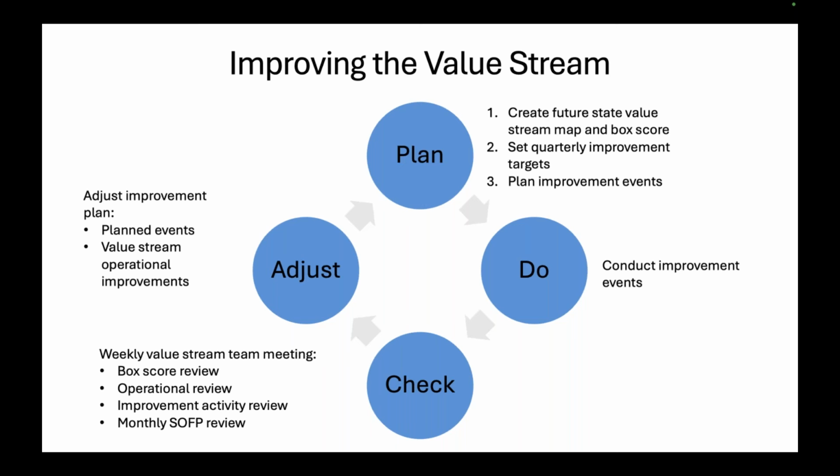The do step, you conduct those improvement events, and you have the planned events, and maybe you even have some what I would call bottom-up continuous improvement events that percolate up throughout operations. Your check is the value stream team meeting, weekly basis, maybe monthly basis.